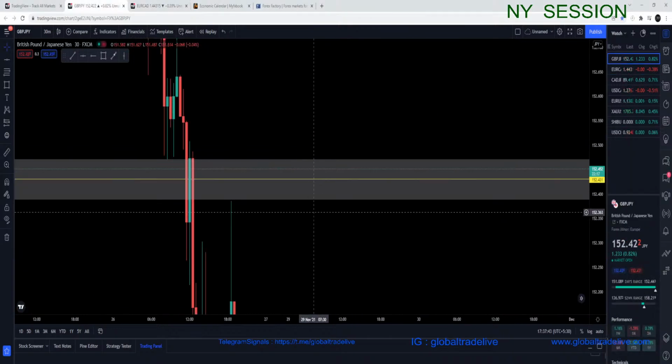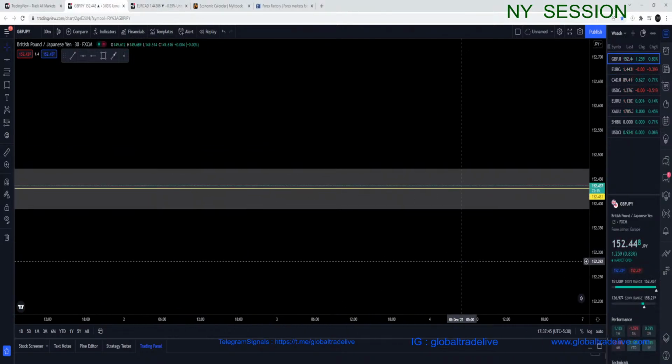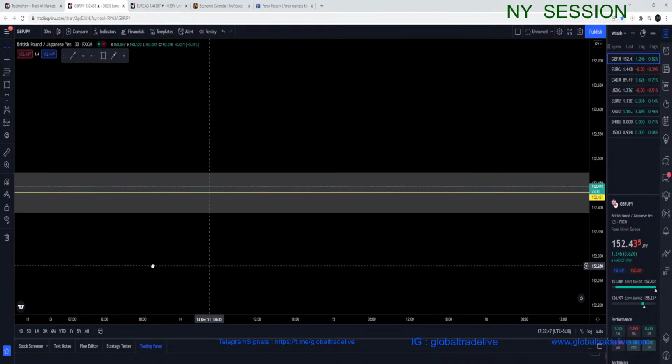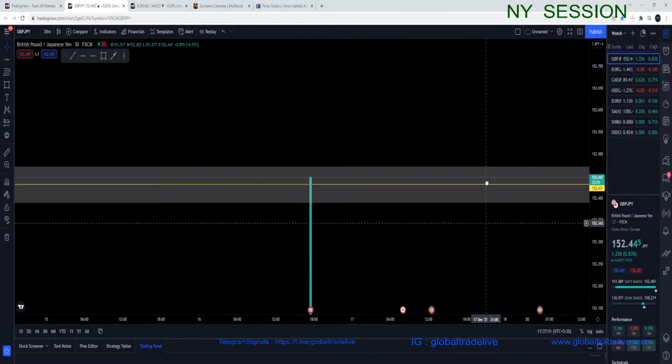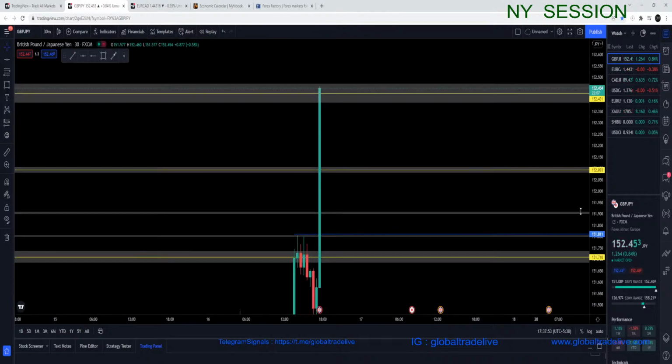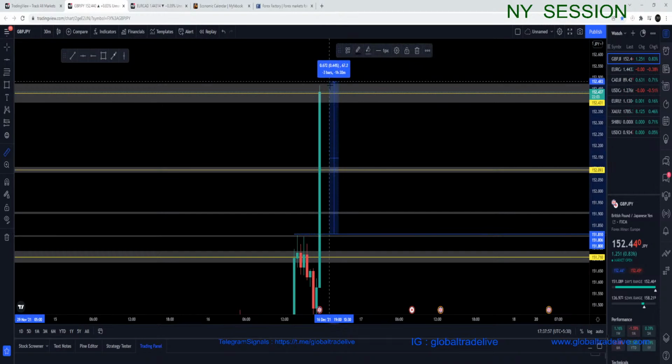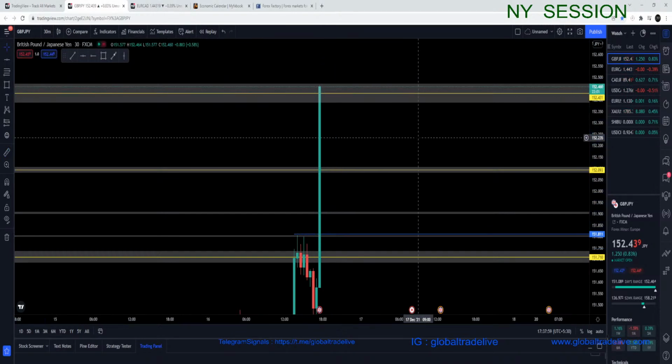Okay. Oh, GBP is unstoppable, guys. GBP is not stopping. I wish I could have just took this trade with the news. 64 pips, huge.